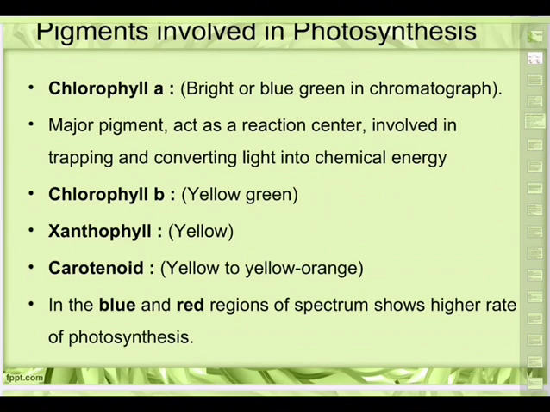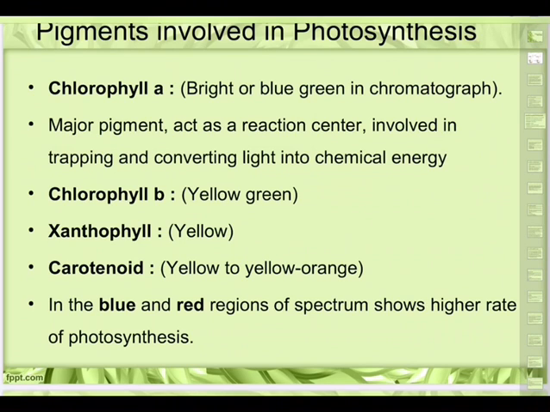Chlorophyll A is bright blue-green in chromatography. You will be doing a chromatography test also. The major pigment is chlorophyll A. It acts as a reaction center, involved in trapping and converting light into chemical energy. Chlorophyll B is yellow-green, and xanthophyll is yellow.